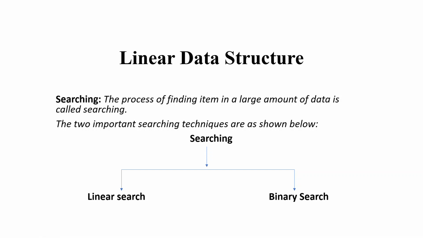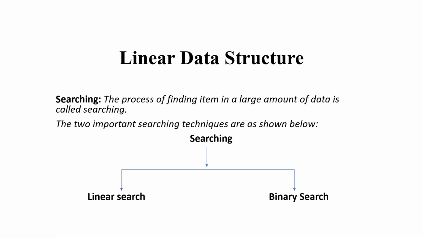Searching takes place in two different types, that is linear search and binary search. Let us discuss both the techniques one by one along with their merits and demerits.